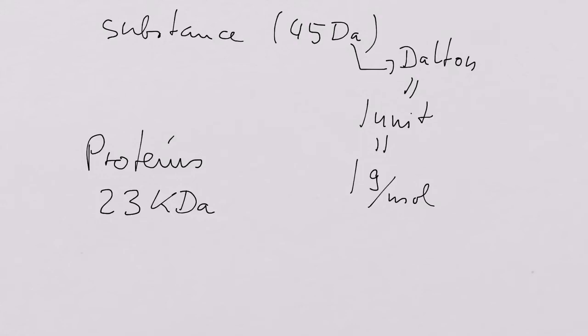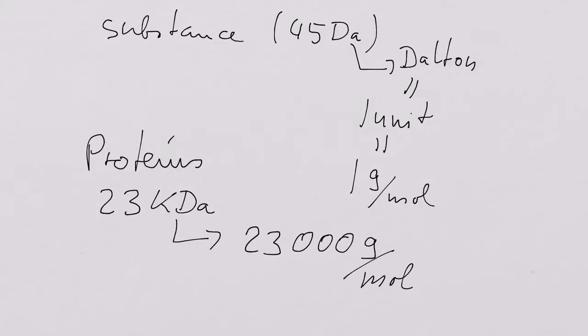And this basically means that the molecular weight of this protein is actually 23, what is kilo? 1,000. 23,000 gram per mole. Or 23 kilograms per mole.